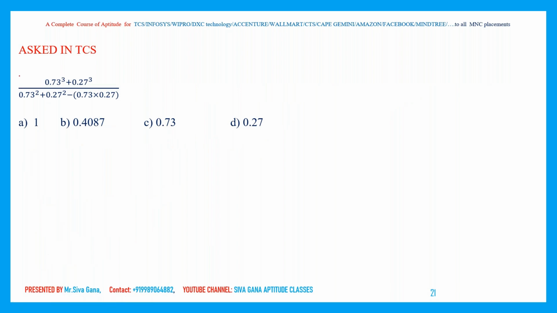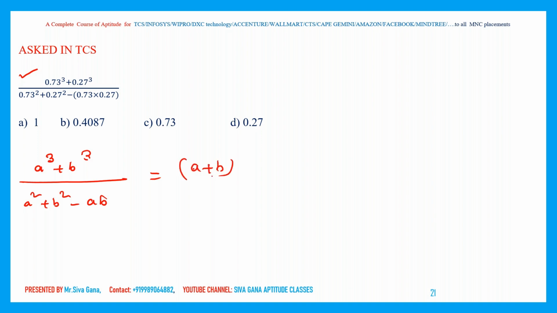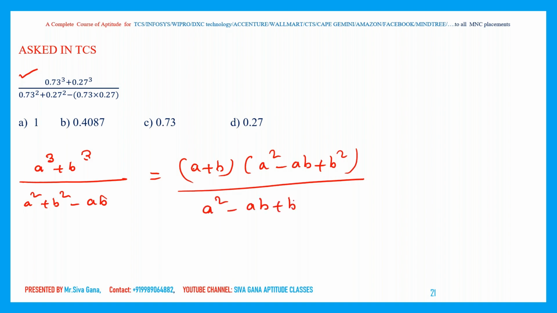Right, very frequently asked question. By looking that the numerator is in the form of a cube plus b cube, and the denominator in the form of a square plus b square minus ab. Just to know this one, a cube plus b cube is nothing but a plus b into a square minus ab plus b square, whole divided by denominator a square minus ab plus b square.